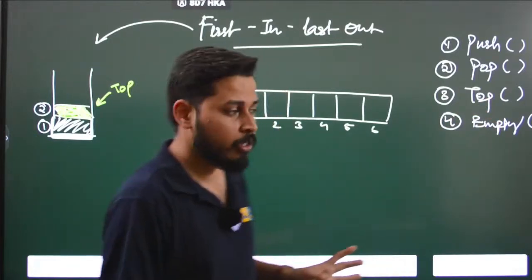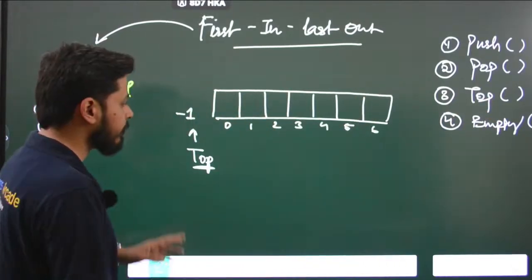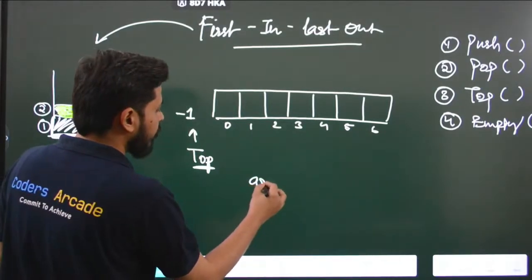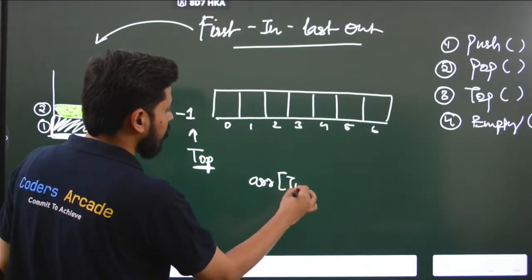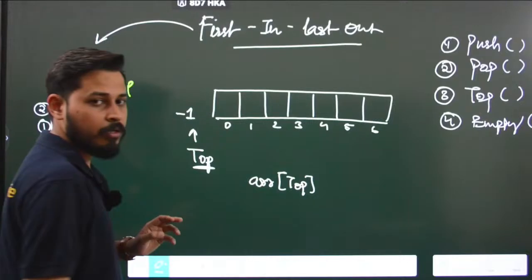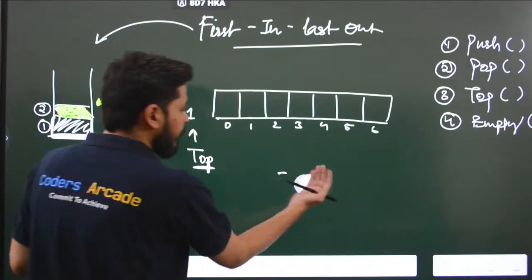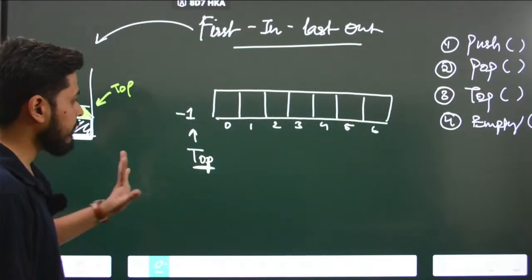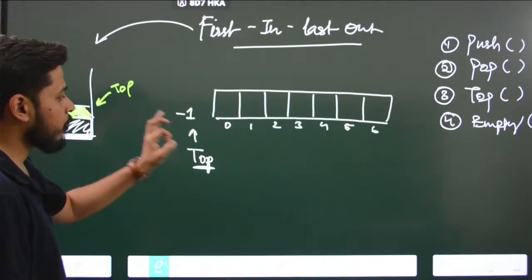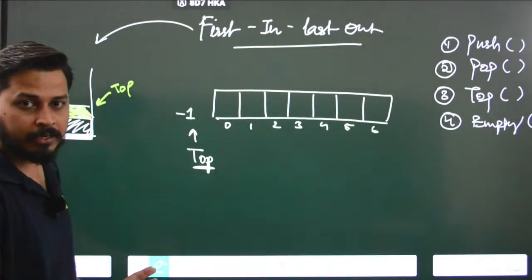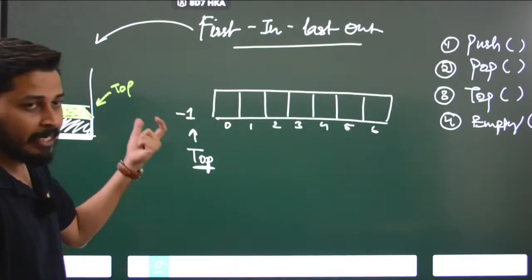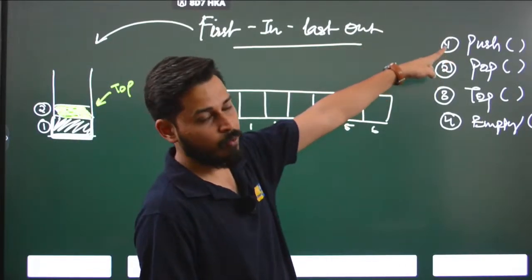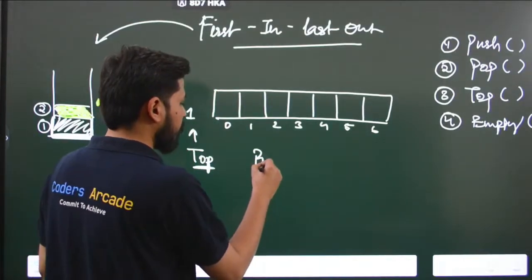Top: if I want to get the top, I can return ARR of top, because top is what? Index. So if I want to return the topmost element, I will return ARR of top, and that will return me the topmost element. You got my point, everyone? Top is actually the index here. If I want to push an element, if I want to write the push function, what will be the logic here?